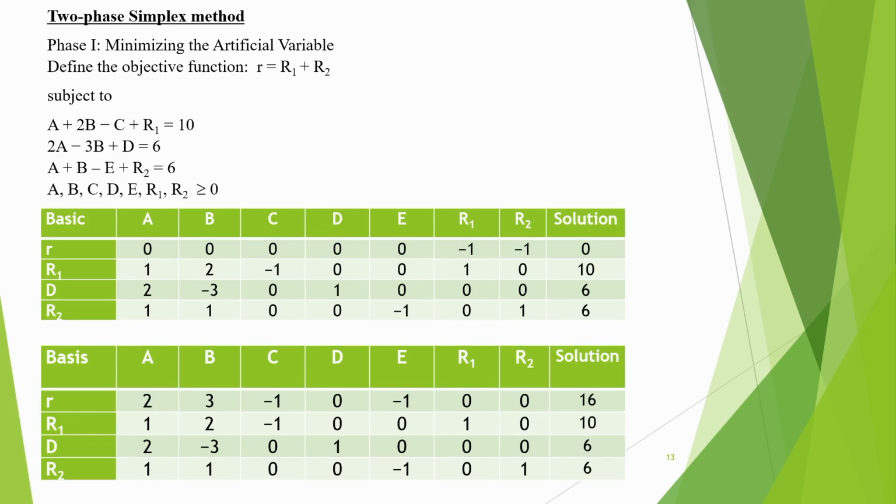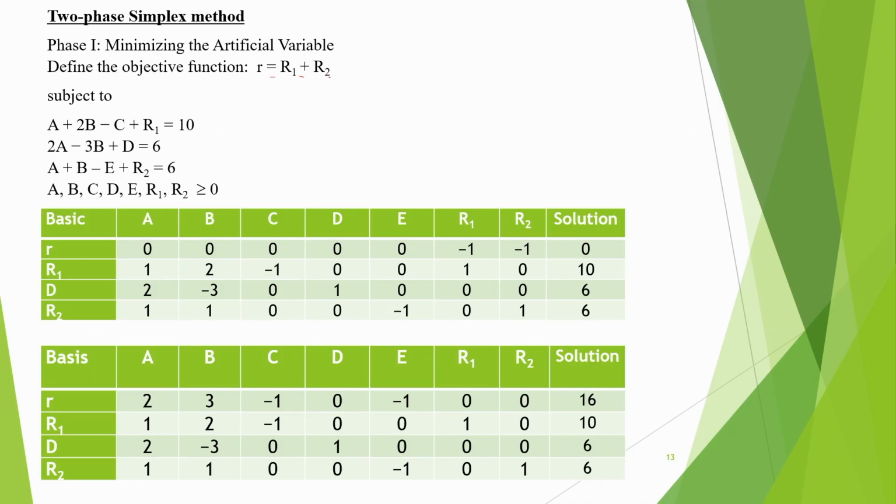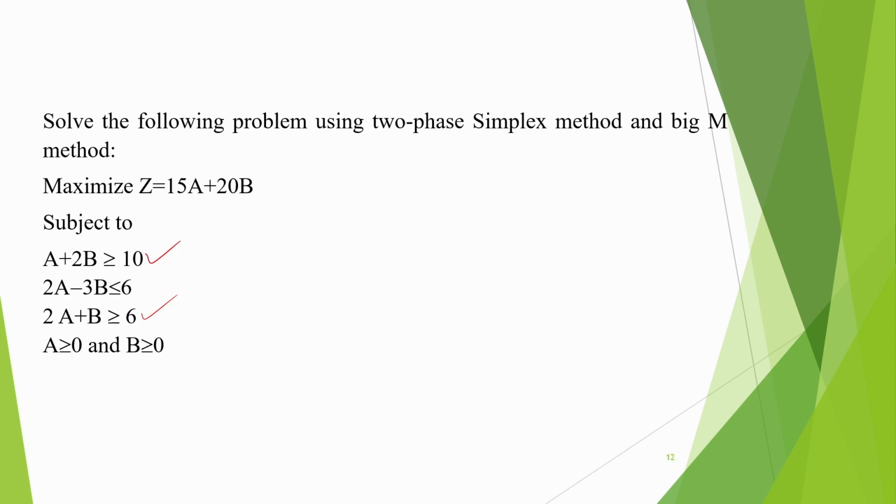So, if we do that by the two-phase simplex method, we minimize the artificial variables R1 plus R2. The first constraint was a plus 2b greater than or equal to 10. So, I put c as a surplus variable, a plus 2b minus c, and on top of that I add R1 also, which is an artificial variable, but this will automatically become 0 later on. So, it is equal to 10. Another constraint was 2a minus 3b less than or equal to 6.